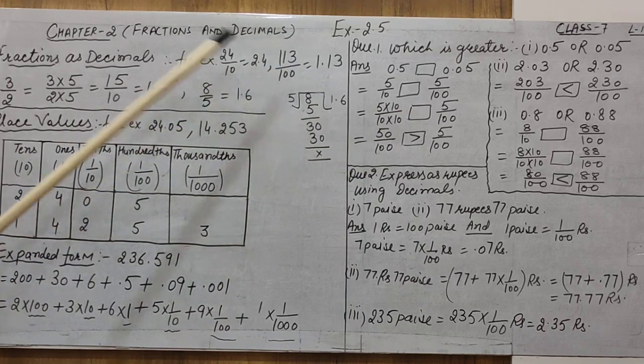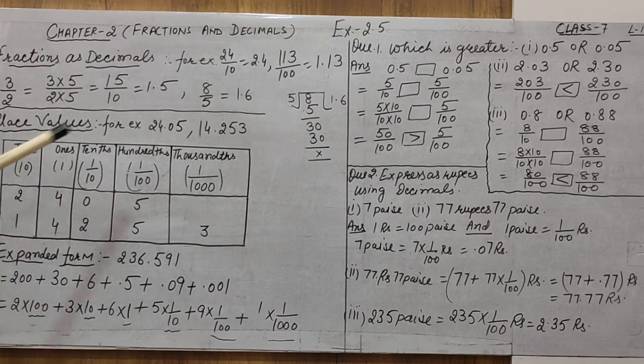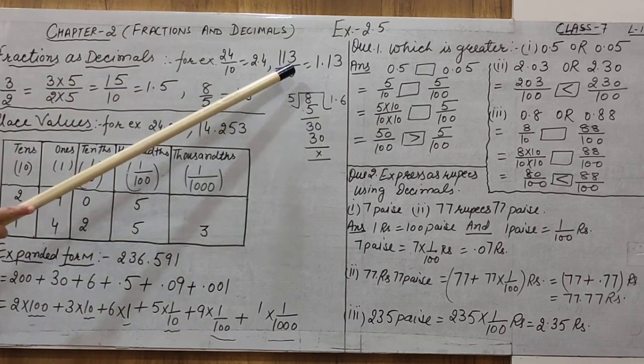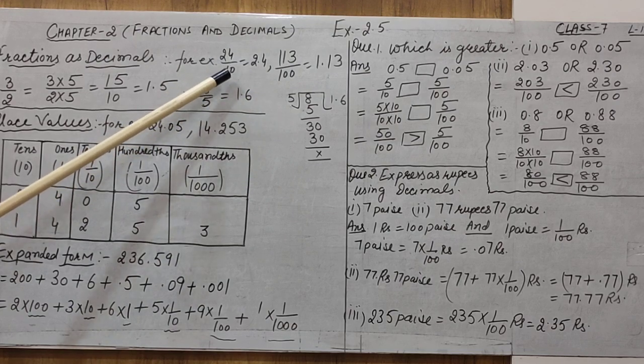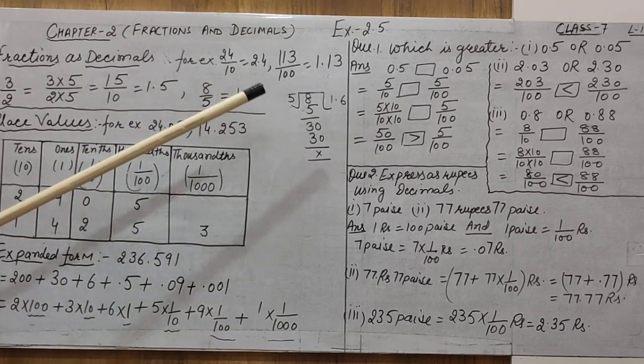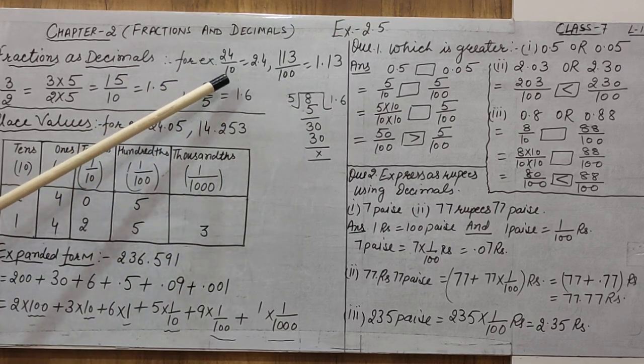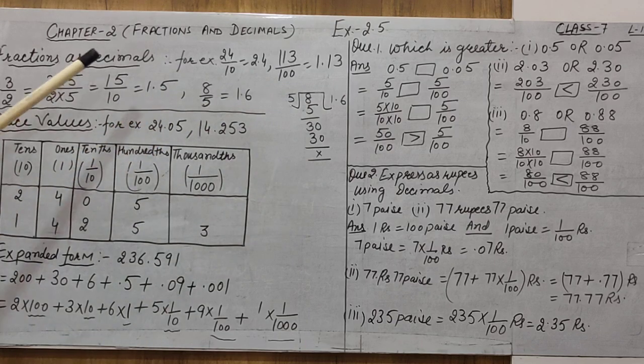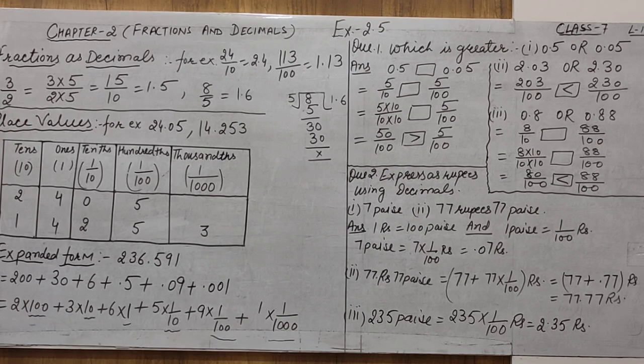Now, next. In these two fractional numbers, the denominators are complete 10 or 100 or 1000 and so on, in which the zeros are already present. Now, if we have a fractional number like 3 by 2, how can we change 3 by 2 into decimal form?